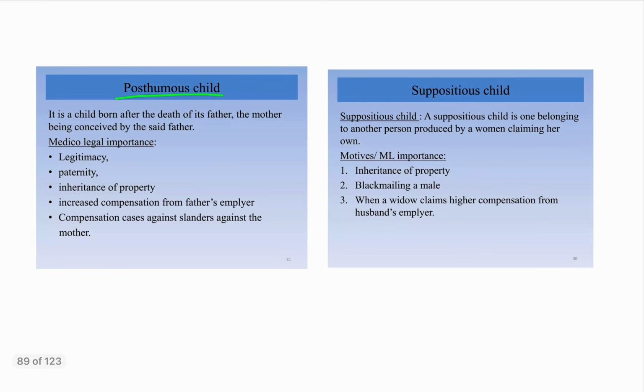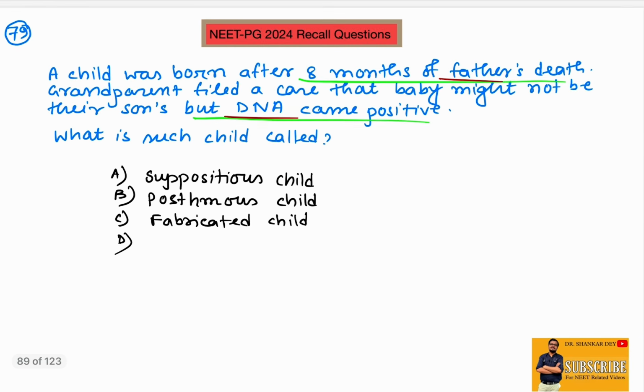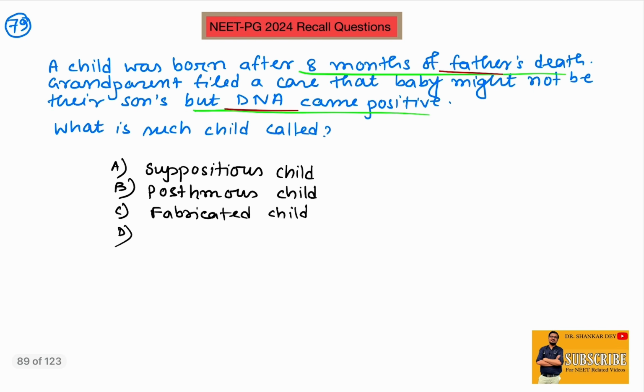Posthumous child means a child born after the death of the father, but the mother was conceived by the said father. Death of father already, but this mother conceived by the same father. As here the DNA is matching, obviously the mother conceived by the same father, so this is a posthumous child.